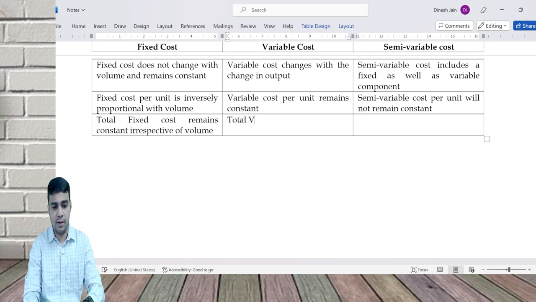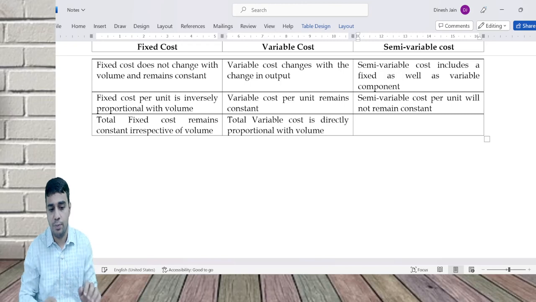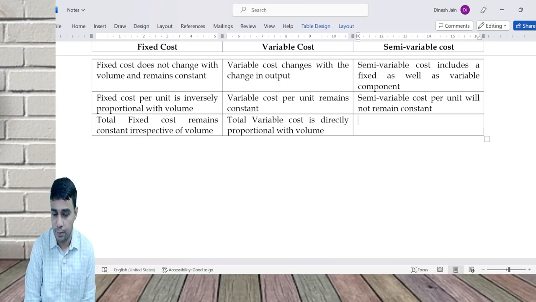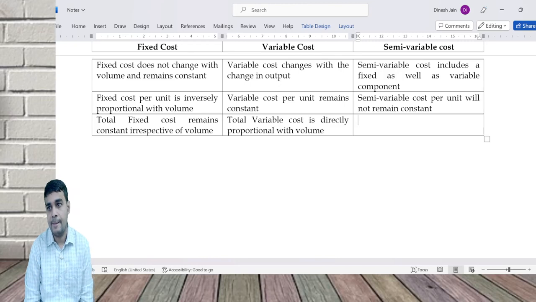Total variable cost is directly proportional with volume.